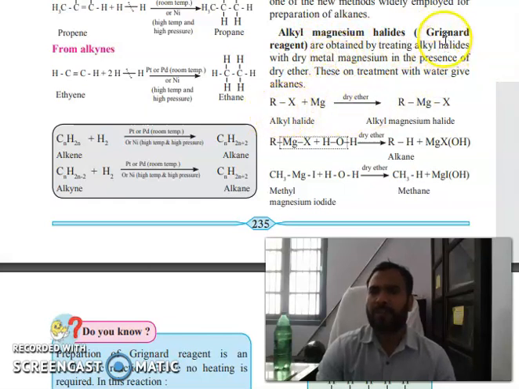How will you prepare Grignard reagent? RX with Mg in dry ether conditions, you will get RMgX, alkyl magnesium halide. This is your Grignard. From this reagent, you can synthesize many compounds. If this compound reacts with water, you will get the alkane. If methyl magnesium halide reacts with water, you will get methane.